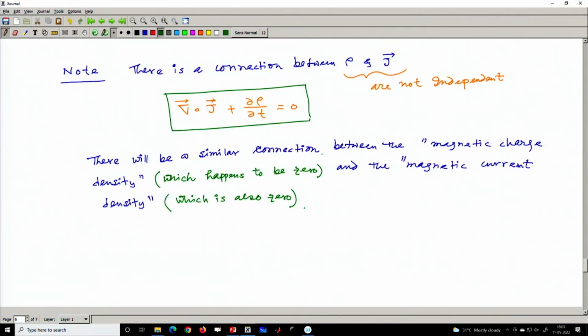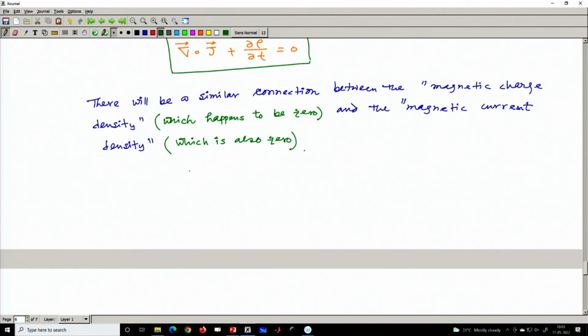So, if so, that means I am supposed to have an expression like divergence of J magnetic, this is the magnetic current density, plus del rho magnetic del T equal to 0, but these are not there.